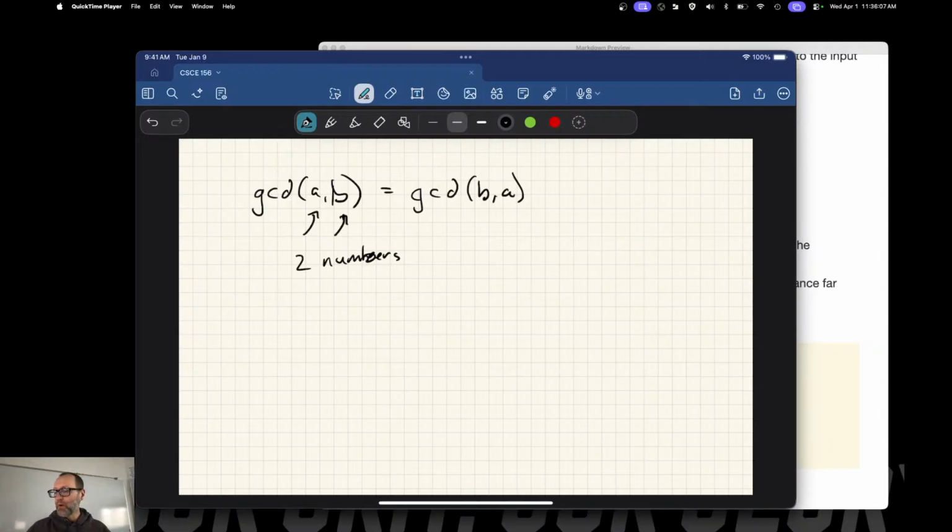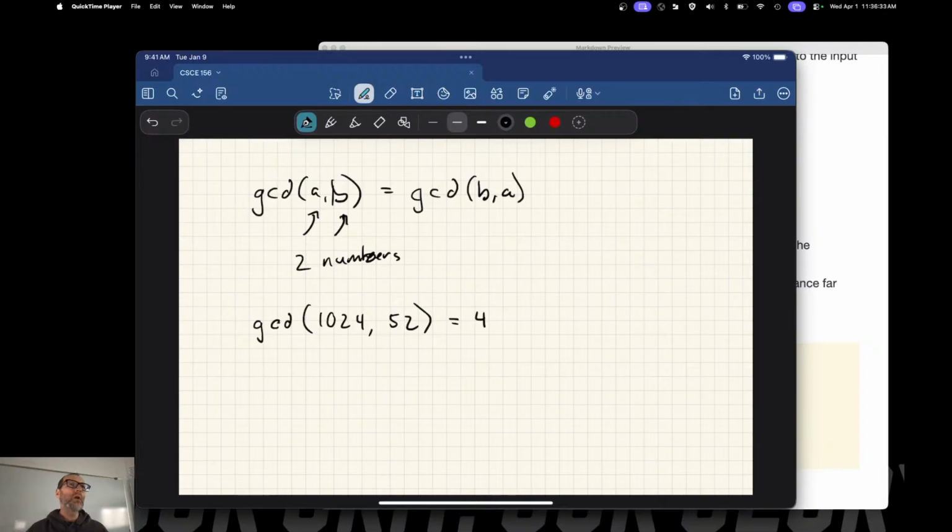Now, what if I were to do the GCD of, say, 1024 and 52? What is the GCD there? What is the largest integer that divides both of those things? 2 divides both of those things, but also 4 divides both of those things because 2 goes into them twice. So this would end up being 4, right?